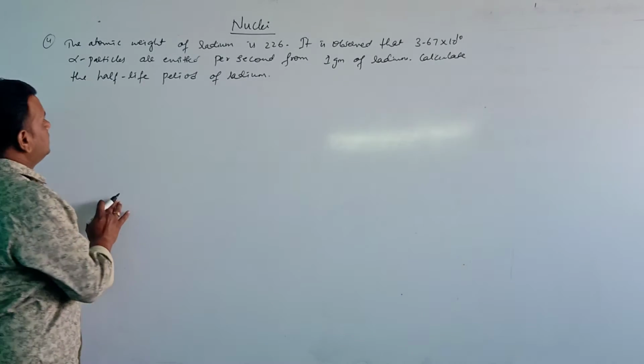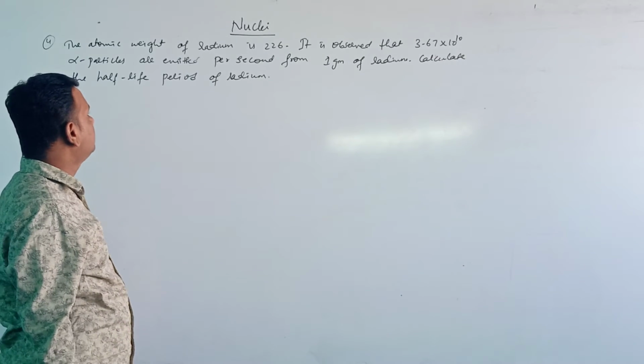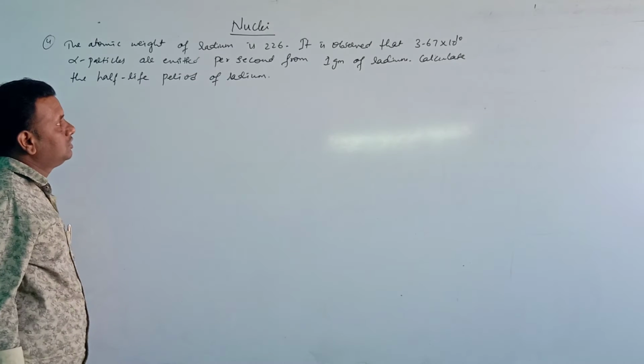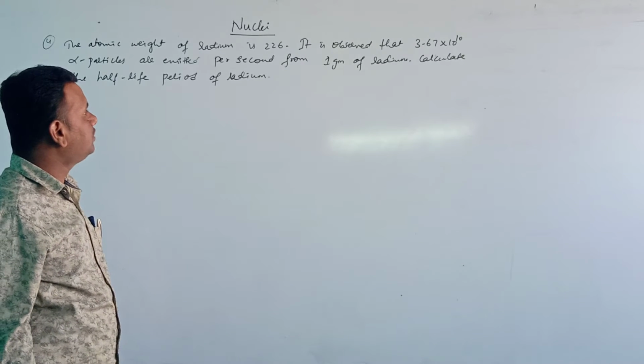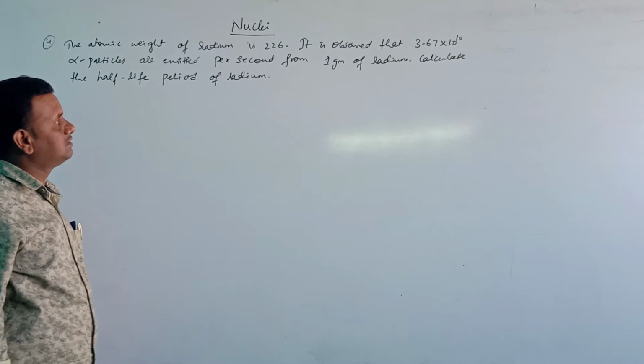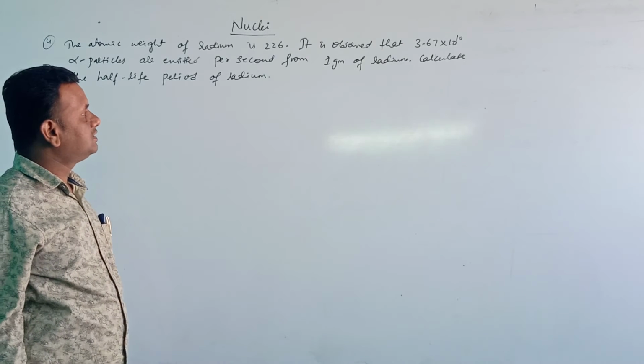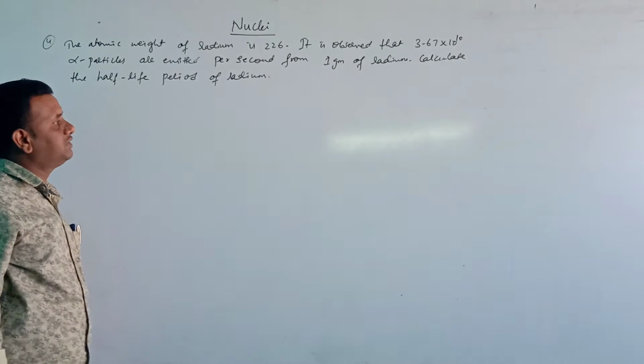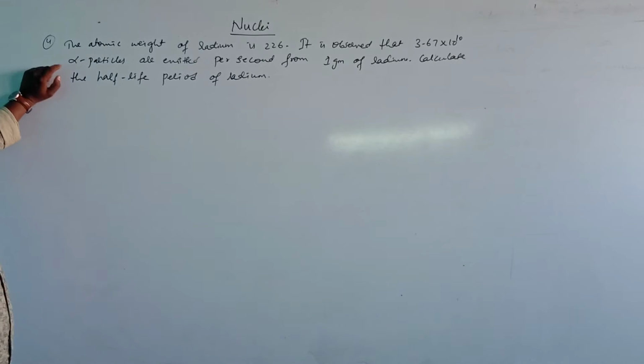So our next question is, the atomic weight of radium is 226. It is observed that 3.67 into 10 to the power of 10 alpha particles are emitted per second from 1 gram of radium. Calculate the half-life period of radium.